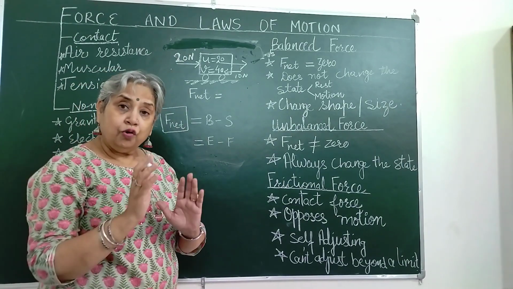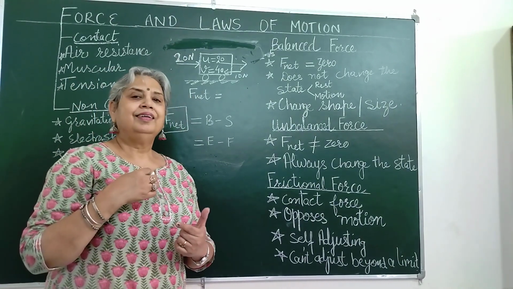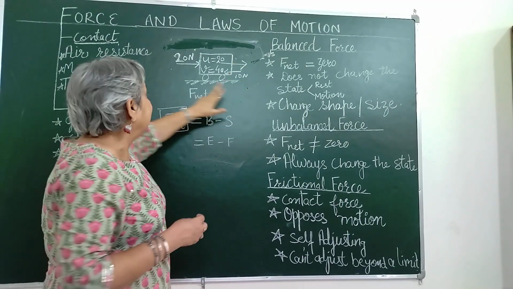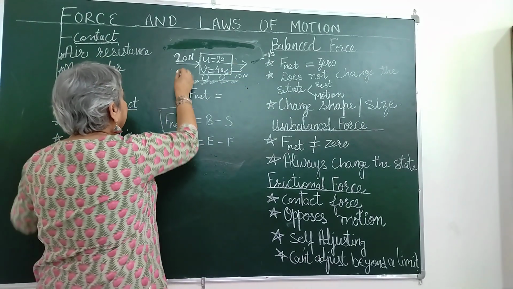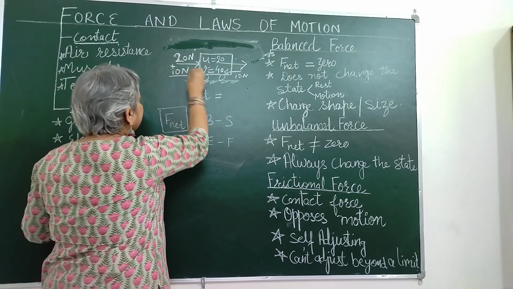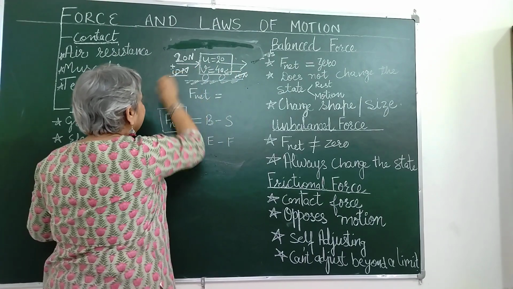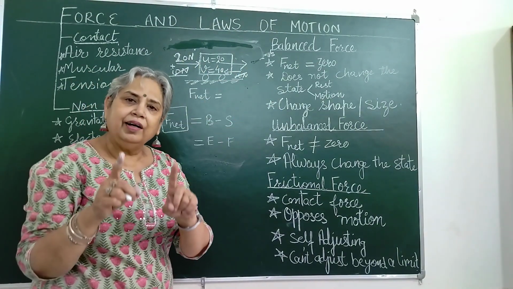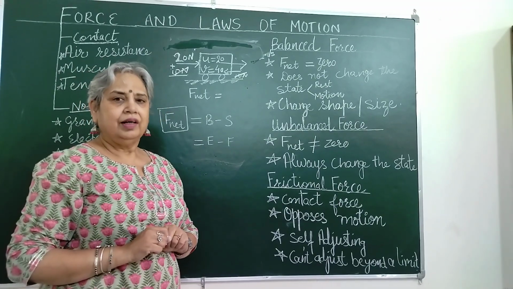The force after cancelling friction should be 20 Newton. That is, it should be 30 Newton, 20 Newton plus 10 Newton. Now 10 Newton and 10 Newton are cancelling, right? And the 20 Newton is now the unbalanced force. Understood?